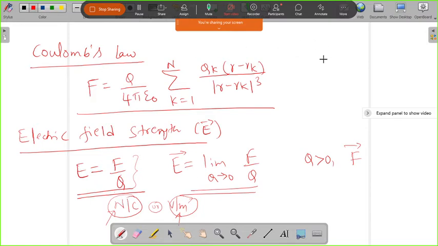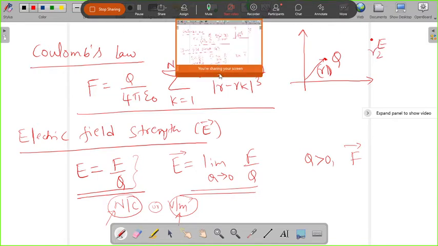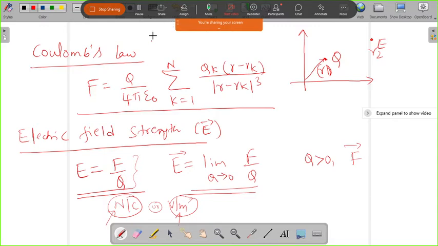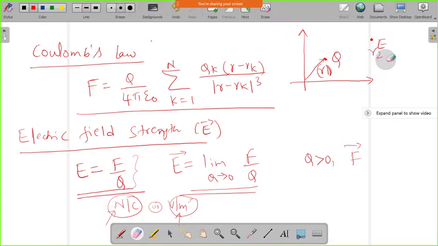Now if we have a point charge q which is located at a distance r in the coordinate system, and I want to find the electric field produced due to this charge, measured at a point r dash or r2, whatever it is.